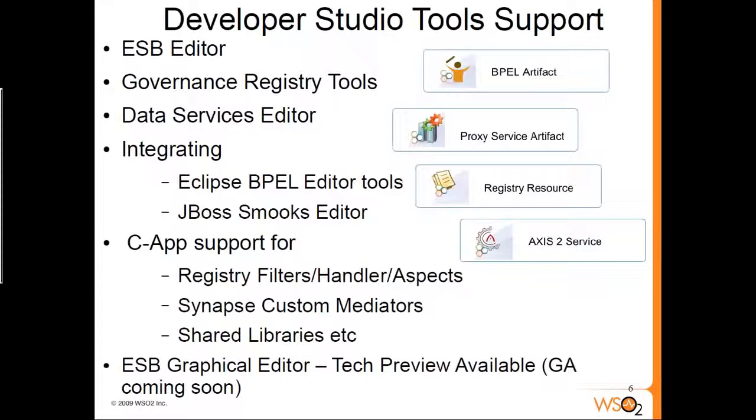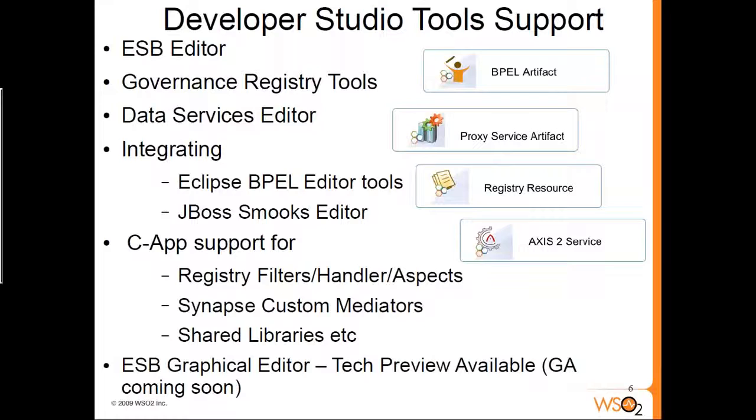WSO2 Developer Studio mainly highlights this set of tools. The ESB editor, where you can edit and test your Synapse configuration, proxy services, and similar things. The governance registry tool, which can handle all the governance related configurations.